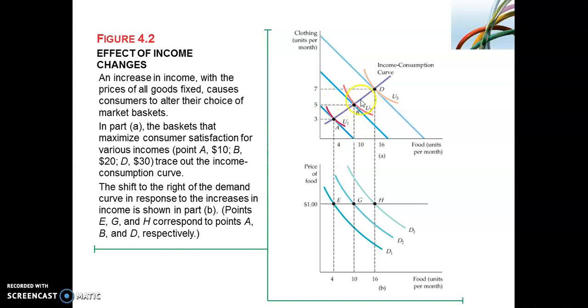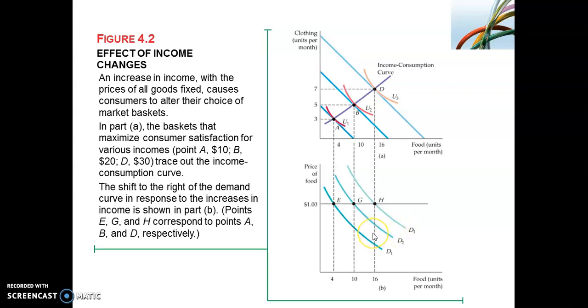Again, if income increases to $30, the consumer will choose a utility maximizing combination at D with 16 units of food and 7 units of clothing, again on a higher indifference curve U3. So points B and D correspond to points G and H respectively in figure B. And point G lies on D2 and point H lies on demand curve 3 respectively.